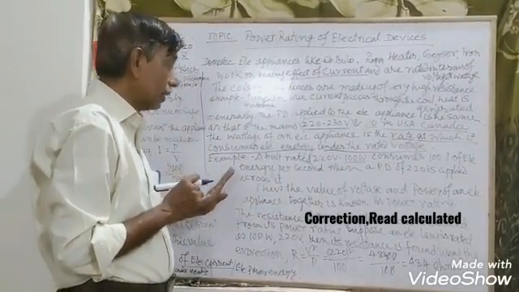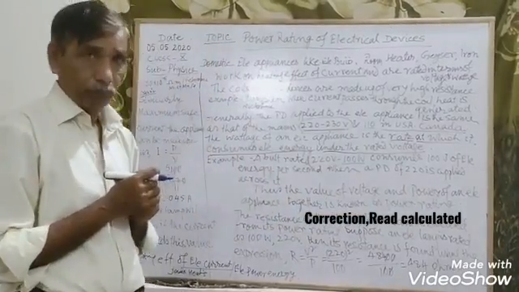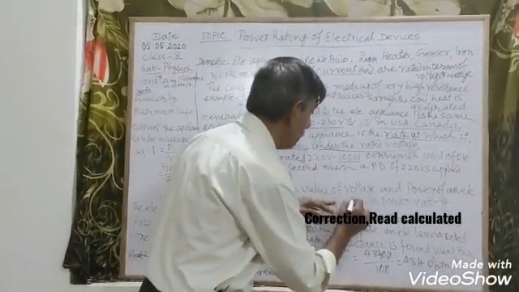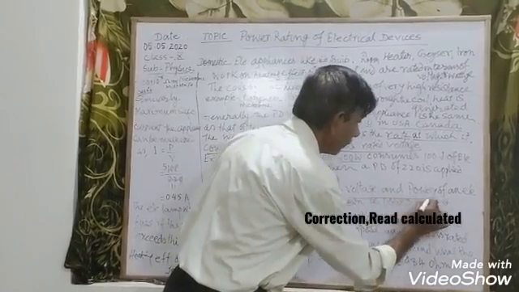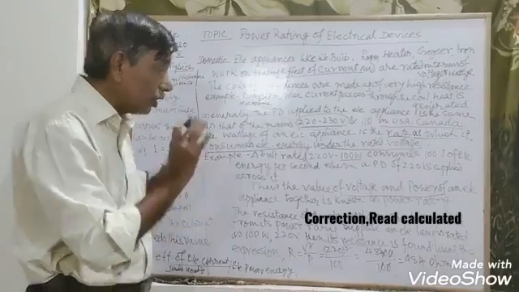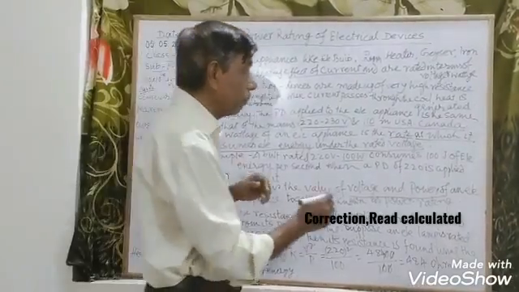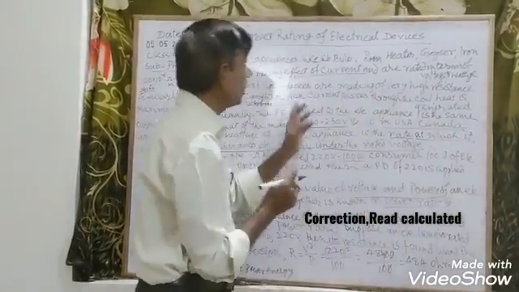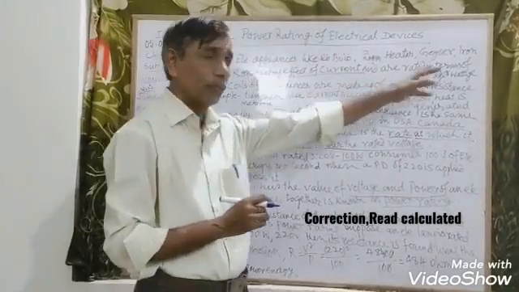So the value of voltage and power of an electrical appliance together is known as power rating. Whatever the topic, what is power rating?